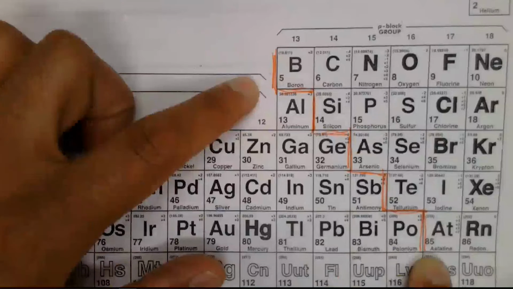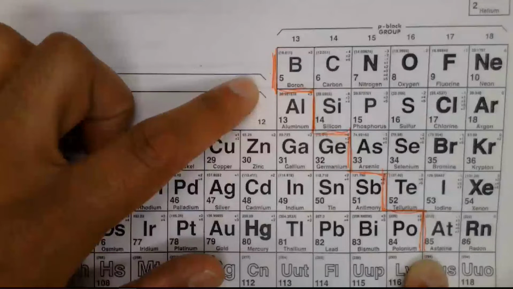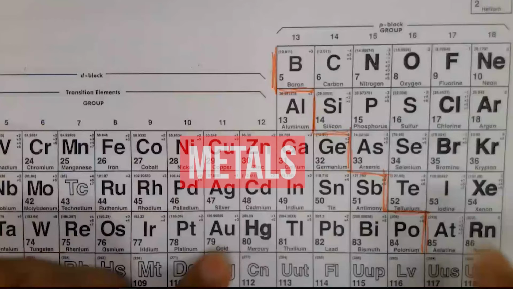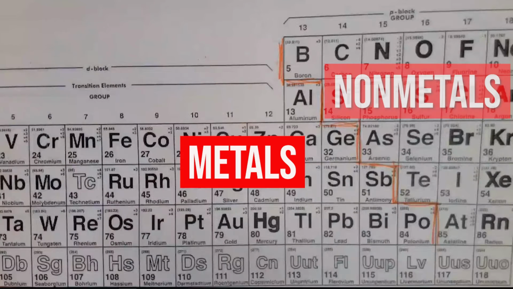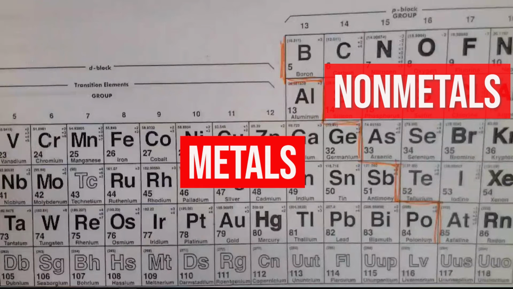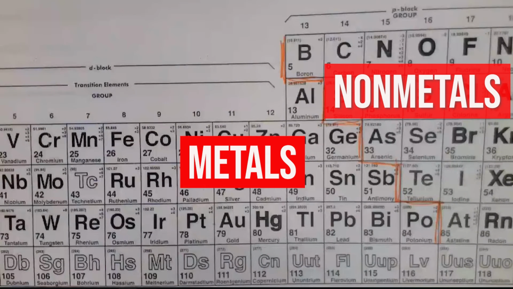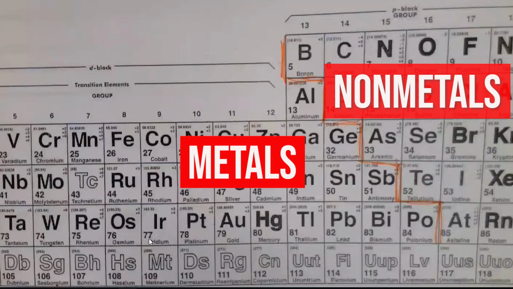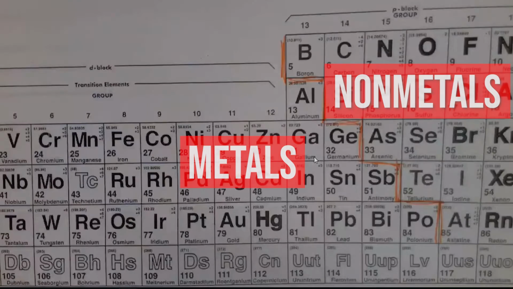That's where we're going to start the lesson. That is the separation between the metals and the non-metals. And that's one of the first things you need to recognize when we start naming some compounds. The metals are on the left, the non-metals are on the right of that staircase.